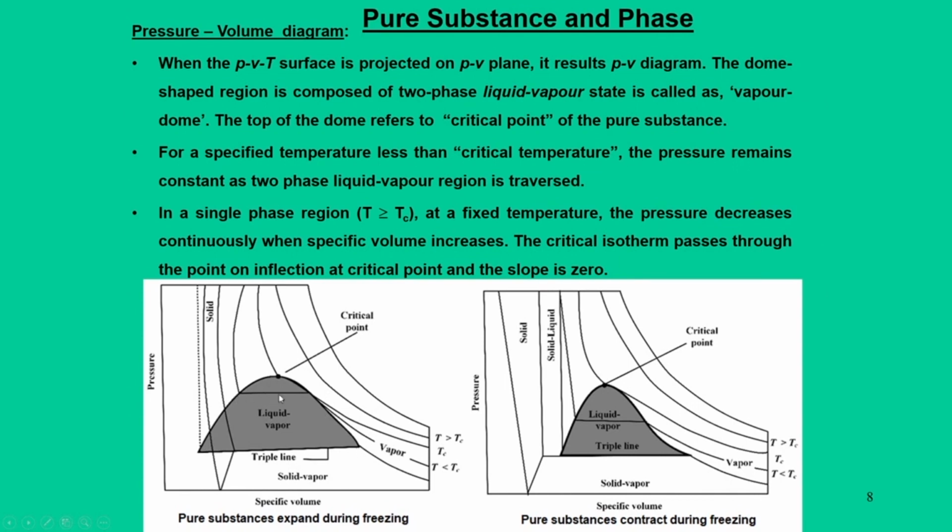Within this dome, the state of the system is a liquid plus vapor mixture, and outside the dome it is either liquid or vapor. In a single phase region, if the temperature is greater than the critical temperature, then the pressure decreases continuously when the specific volume increases, and the critical isotherm passes through a point of inflection at the critical point and the slope is 0. This is the characteristic of the pressure volume diagram.